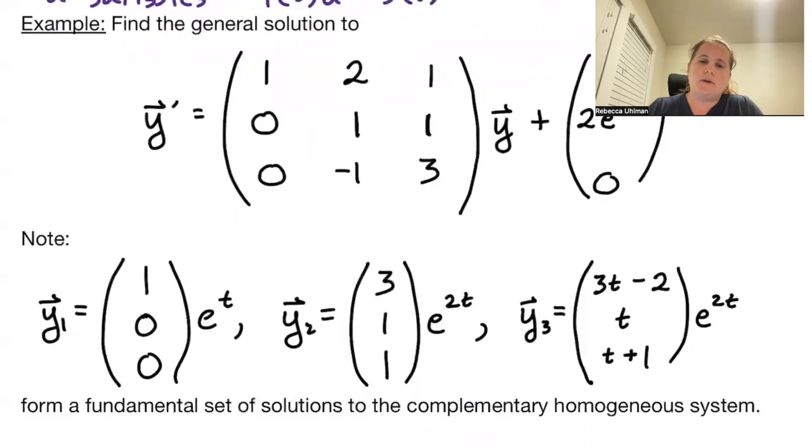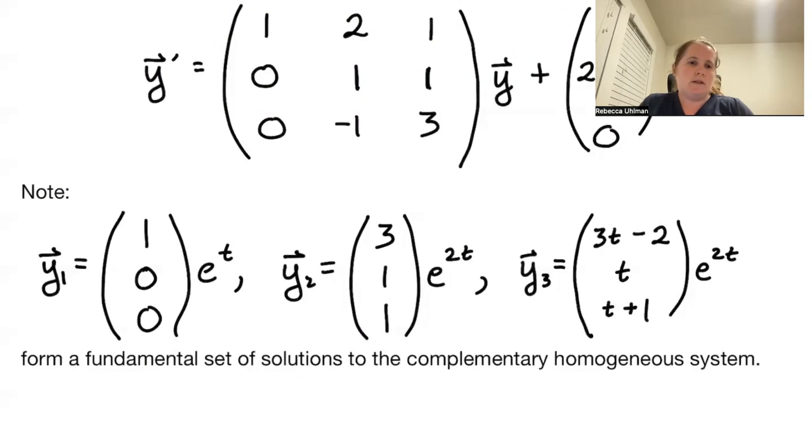So just a quick note, y1 equaling 1, 0, 0 times e to the t, y2 equaling 3, 1, 1 times e to the 2t, and y3 equaling 3t minus 2, t, t plus 1 times e to the 2t form a fundamental set of solutions to the complementary homogeneous system.